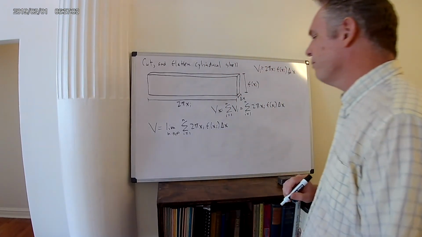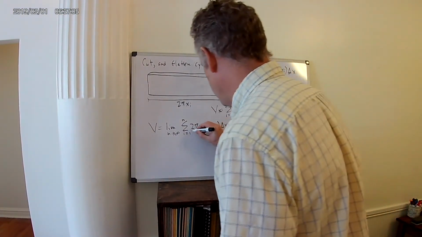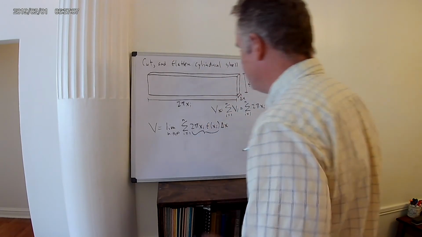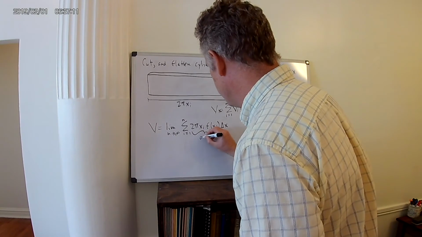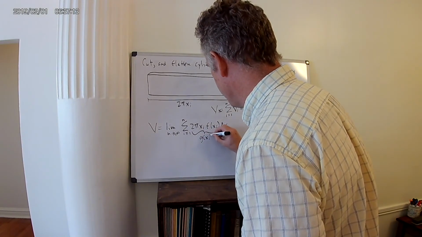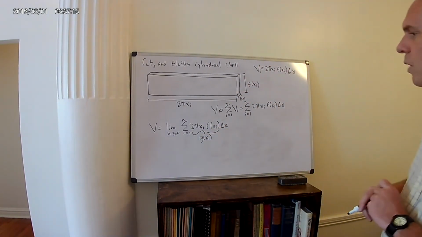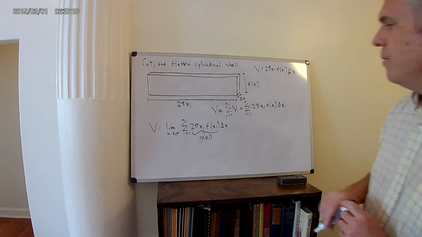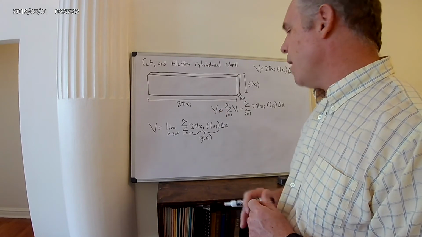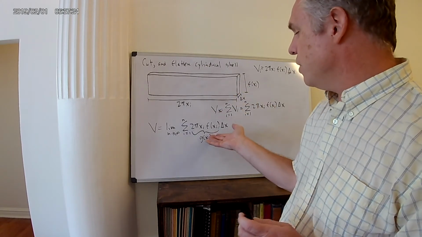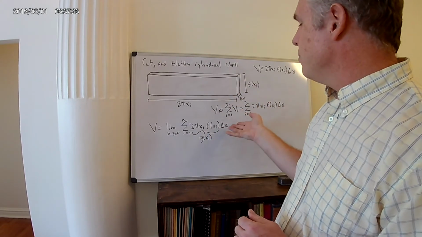Okay. And now I'm going to think of this 2 pi x sub i times f of x sub i, I'm going to call this the function g of x sub i. Now, if you guys remember, this is just the limit as n approaches infinity of the sum from i equals 1 to n of some function g of x sub i times delta x.